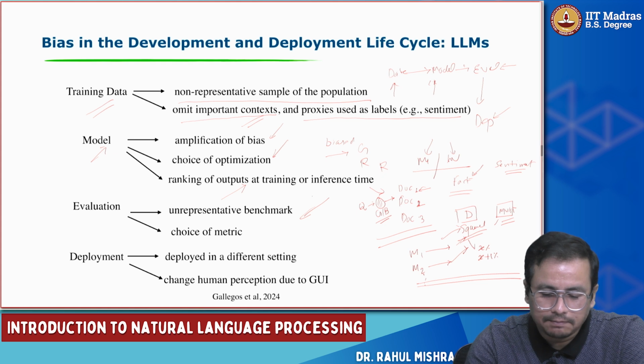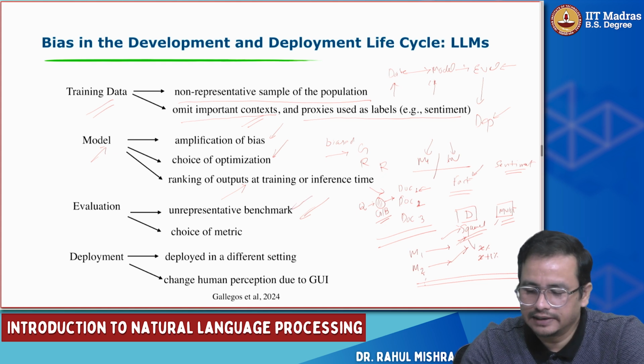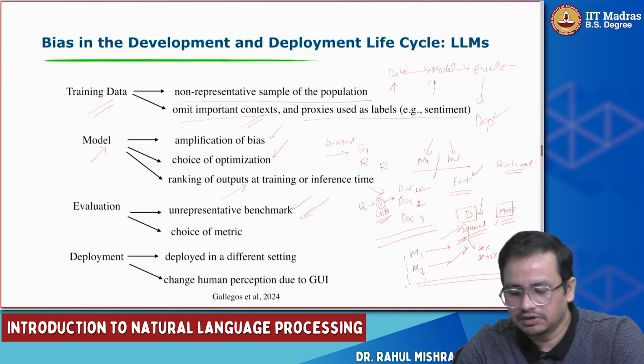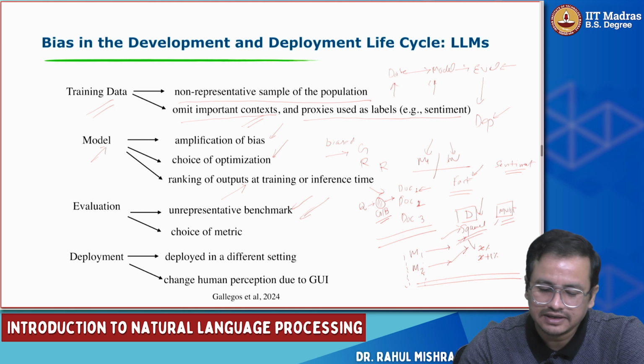And if the bias is present in the benchmark itself, let's say the SQuAD data set has some gender bias, region bias, or racial bias, what will happen? The whole research community is developing models iteratively and benchmarking them on SQuAD for question answering, and the bias is present in the benchmark itself.